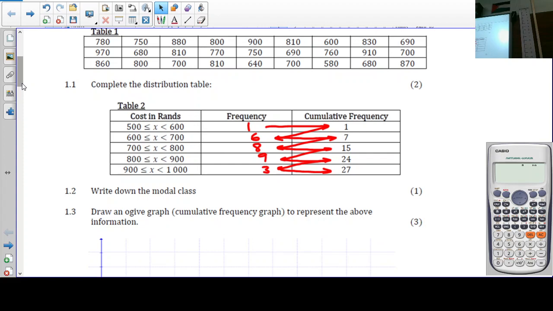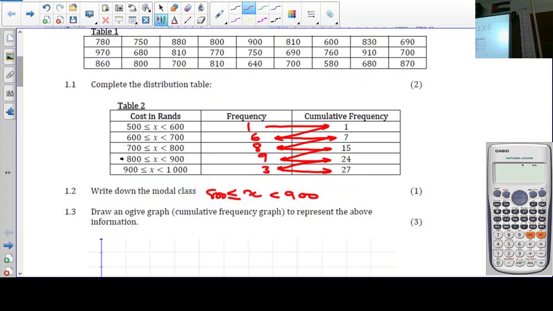In this case, the one that has the most entries is that category from 800: x is greater than or equal to 800 but less than 900. So what is the modal class? The modal class is x greater than or equal to 800 but less than 900.